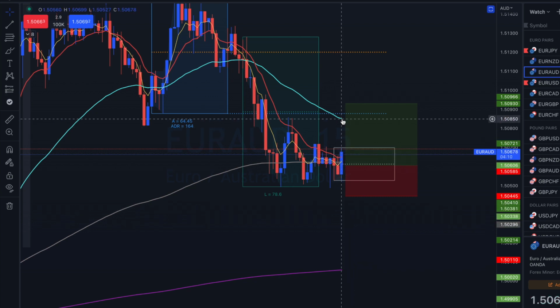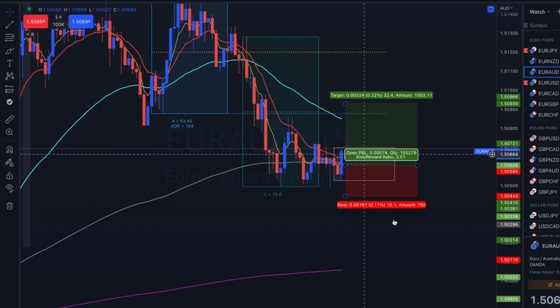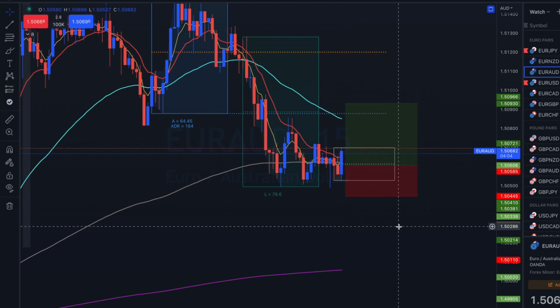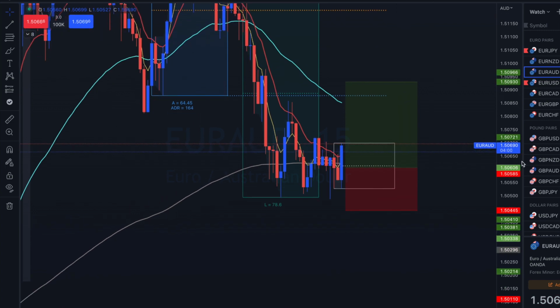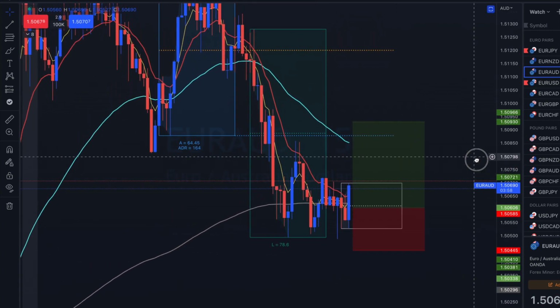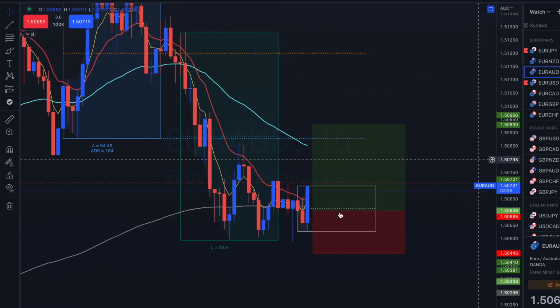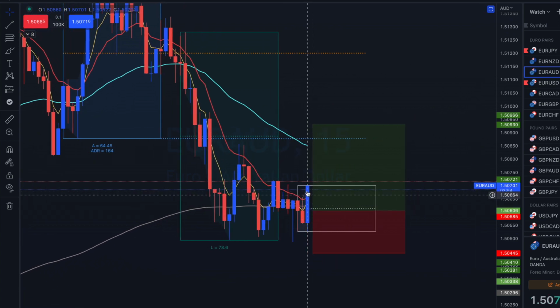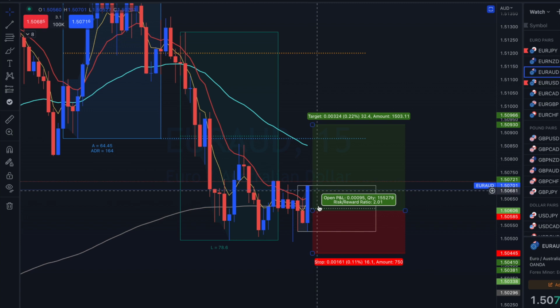We would normally be able to use the 50, but the 50 itself won't give us enough for a 2-to-1 risk to reward ratio. So the key to this is the next candle. What happens? Does this candle finish like this, and then, most importantly, do we get a pullback?